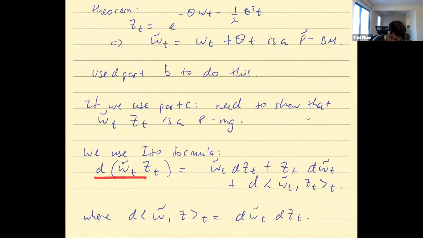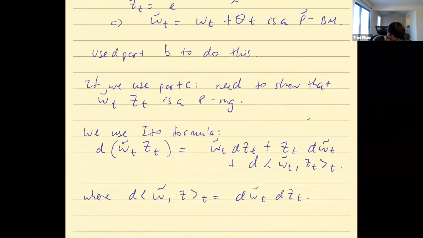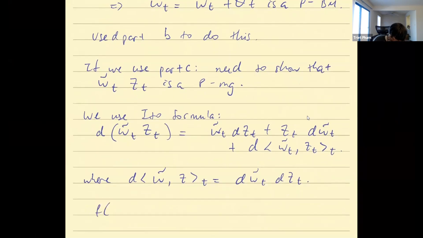So basically I was applying Ito's formula. I hope this is familiar to you. Differentiating this times differentiate this times dW tilde, differentiate Z times this, and then you need to differentiate both. So f of x, y is equal to x times y.